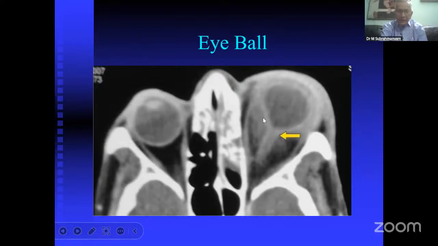Compare the curvature of the posterior segment here and here. This is more acute, as if it has been pulled down. The optic nerve is pulling the eyeball back, or it's not giving way because it has stretched to its maximum. This is called the tenting of the eyeball, and this also can lead to defective vision.